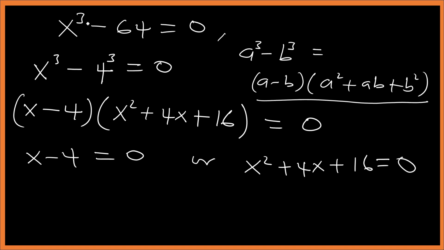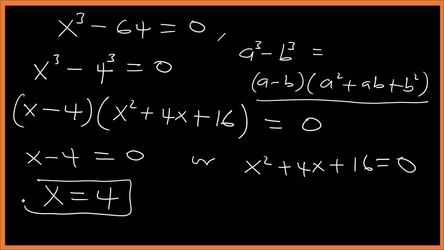Remember, the power here is 3, and therefore we should have 3 solutions. Okay. So we have the first solution as x equals 4. So let's see if we can find the other 2 solutions from x squared plus 4x plus 16 equal to 0.